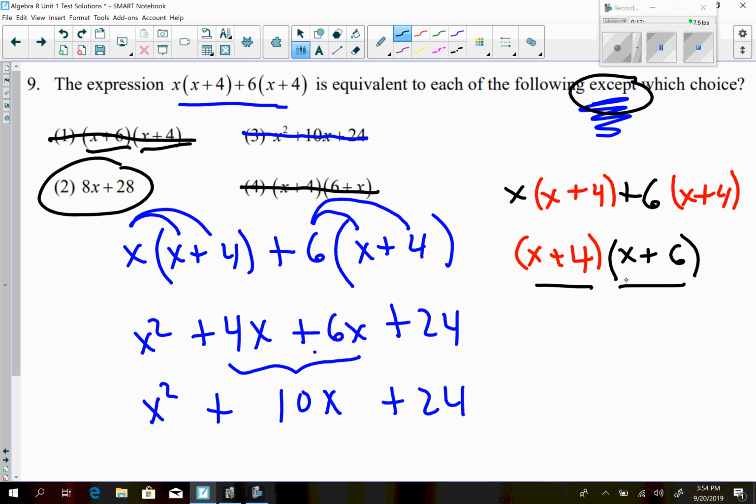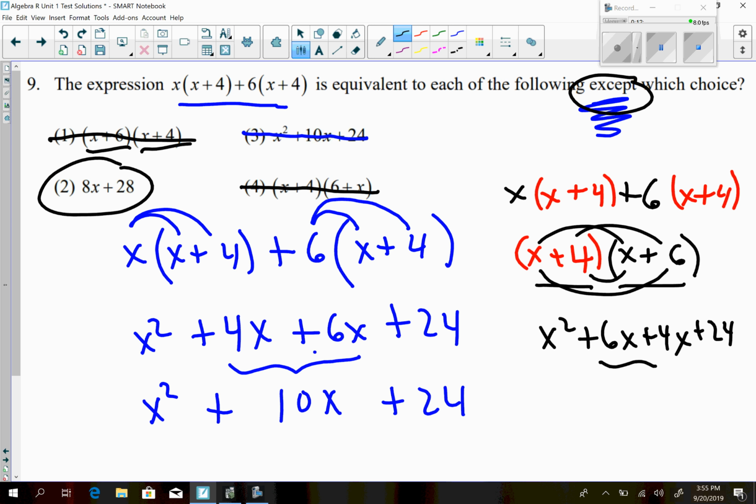By the way, if you multiply these, which were in choice 1 and 4, you get x times x, which is x squared. X times positive 6 is positive 6x. Positive 4 times x is positive 4x. And positive 4 times positive 6 is positive 24. And here's like terms. So it's x squared plus 6x plus 4x is 10x. Copy down plus 24. And you can see that's the same as that.